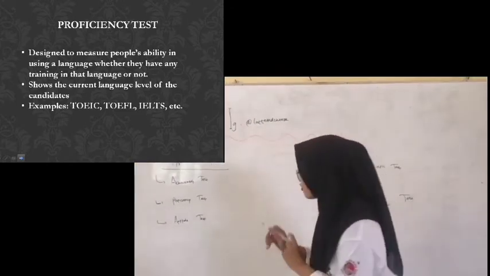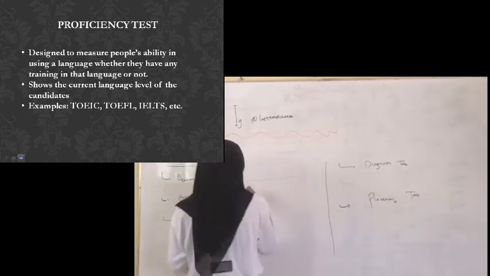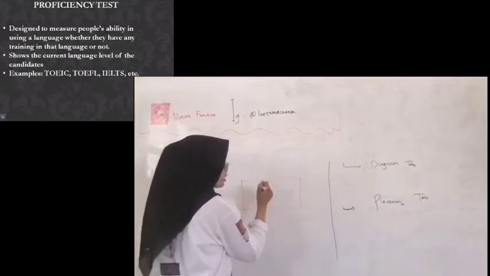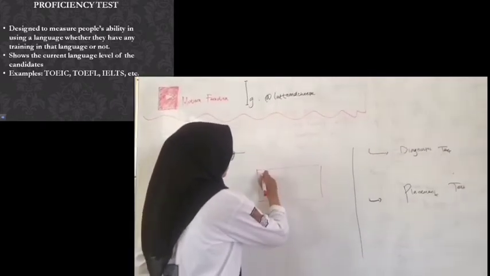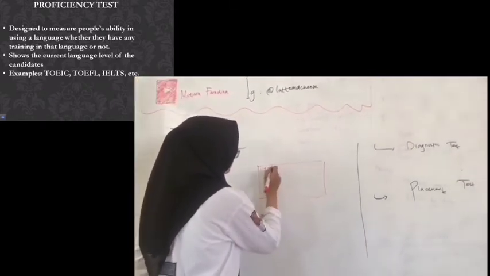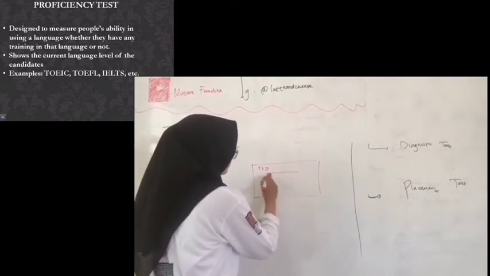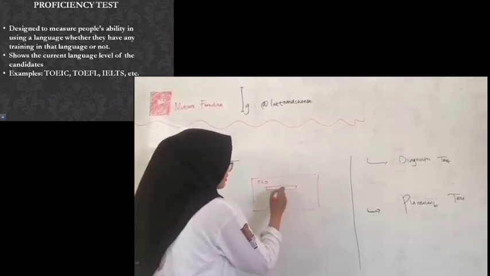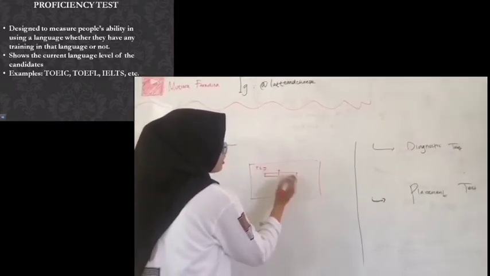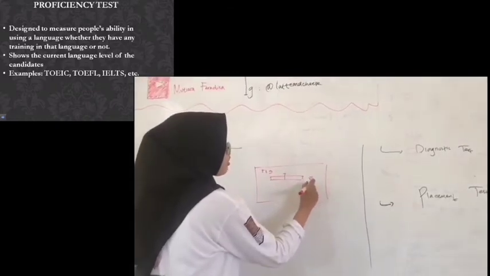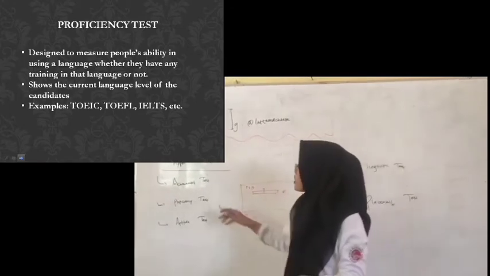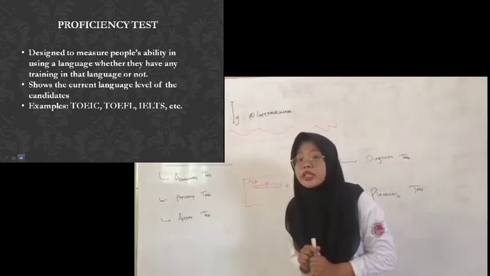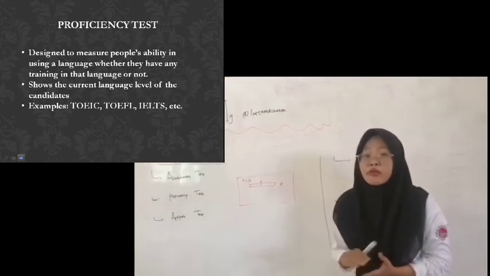In the certificate, you will see your current level of using the language. For example, you will see your score here, and there will be a bar to show your level, like B1 or so.